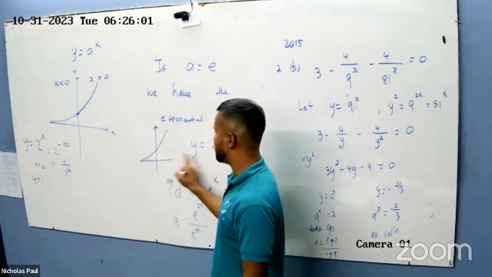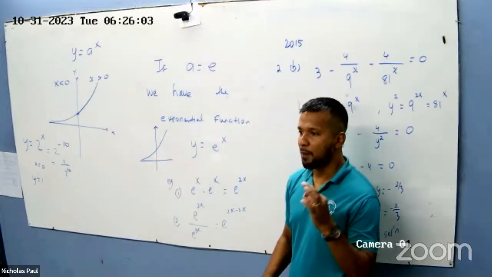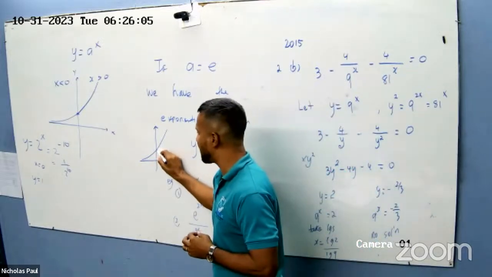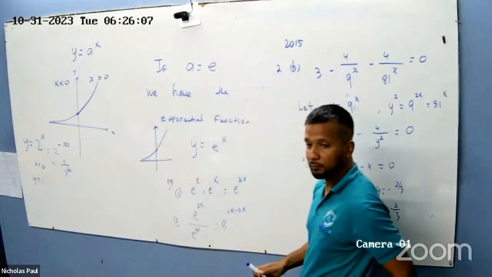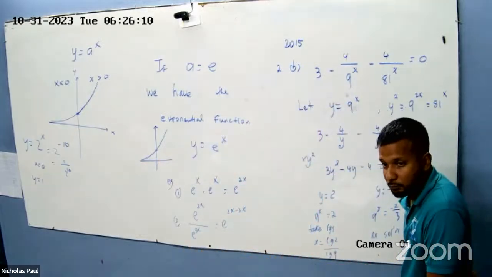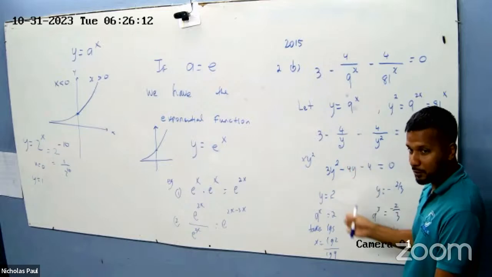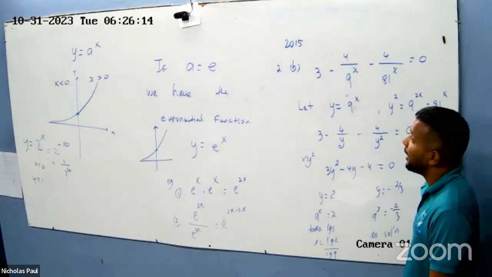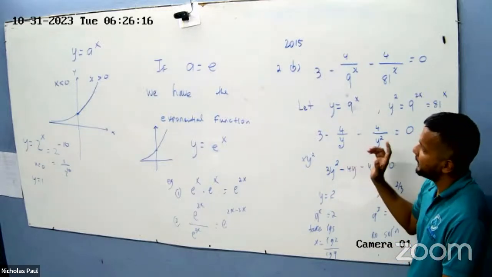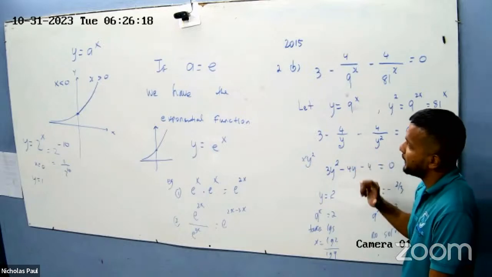So this is the function of that. Always remember that it cuts the y-axis at 1. So that is your indices, that's your surds. Next day we can do the log.